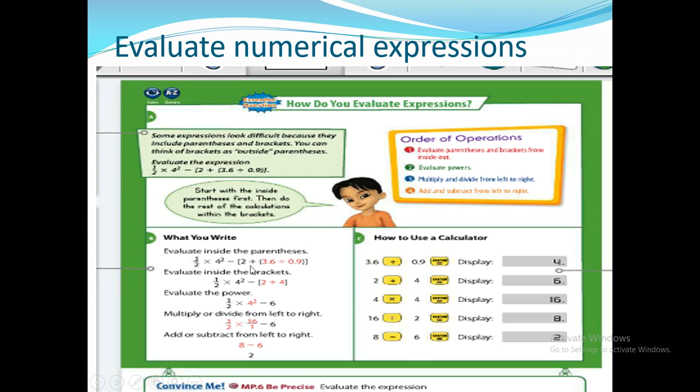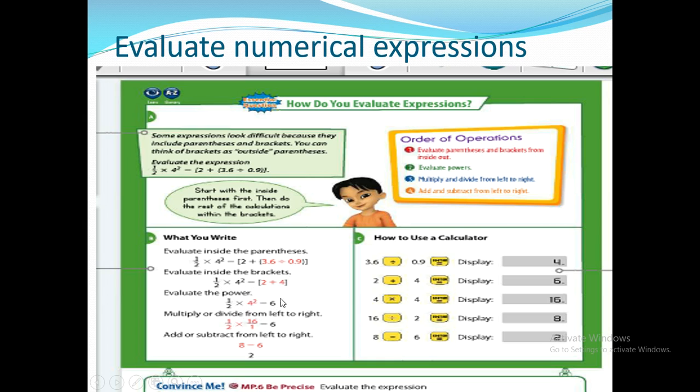We have to start from the inside, which means we have parentheses first. 3.6 divide 0.9 is 4. So now after the parentheses we have the brackets. 2 plus 4 equals 6, and we bring the other elements. Now we have half multiply 4 power 2 minus 6.